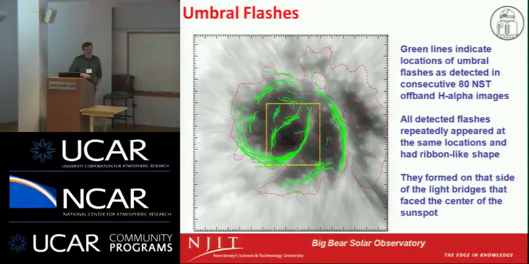What was interesting is that they tend to appear next to or near light bridges inside the umbra. Moreover, umbral flashes tend to appear on that side of the light bridges that faces the center of the sunspot.